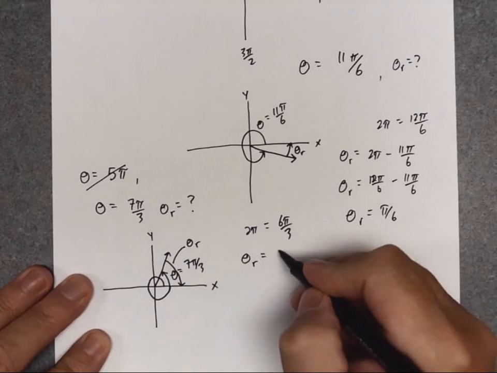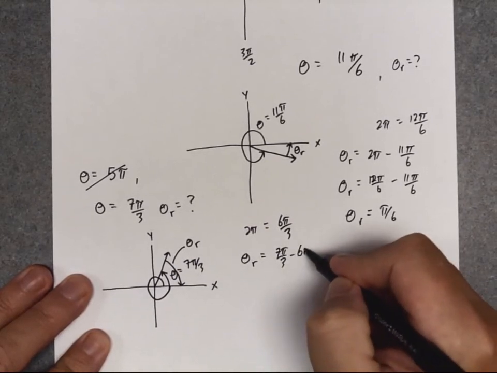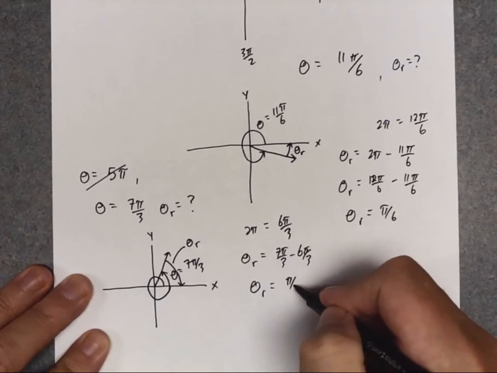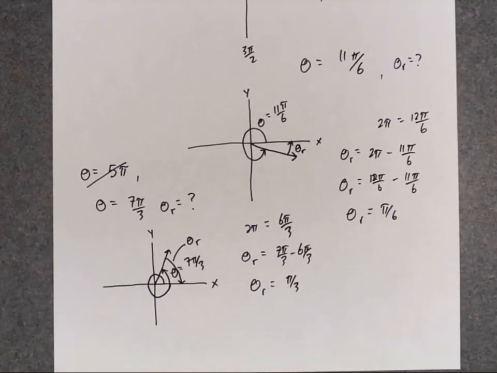I'm at 7 pi over 3. So you could say 7 pi over 3 minus 6 pi over 3. The reference angle is pi over 3. All right, reference angles, not too difficult, but they become important as we go on with these trig problems.